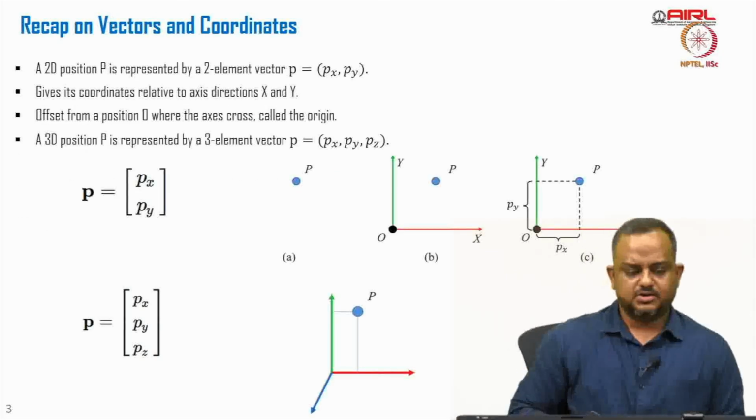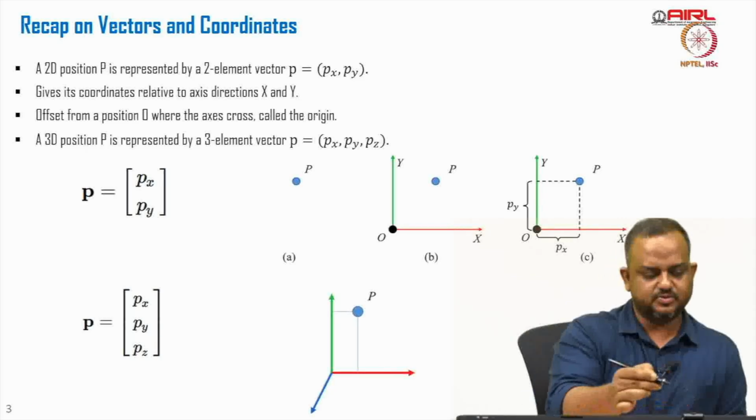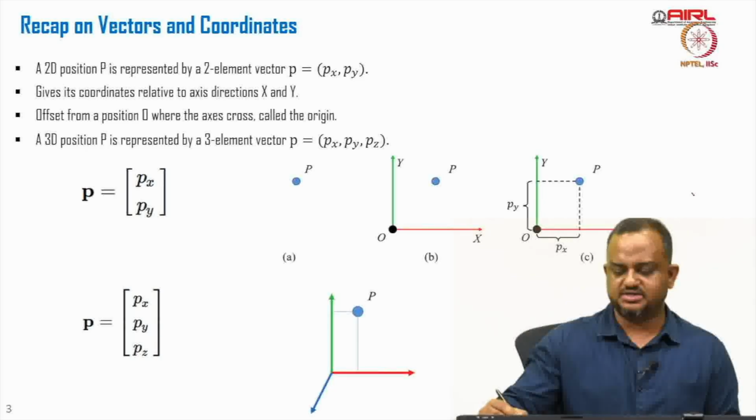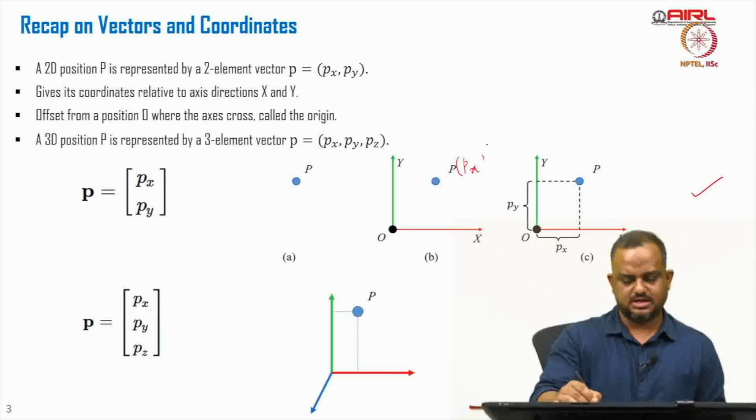Okay, so in the last tutorial also we have seen that in a 2D coordinate system, a point P is represented by Px and Py. When we represent it in terms of vectors, this becomes the vector which has some coordinate x and y, where x is equal to Px, y is equal to Py.